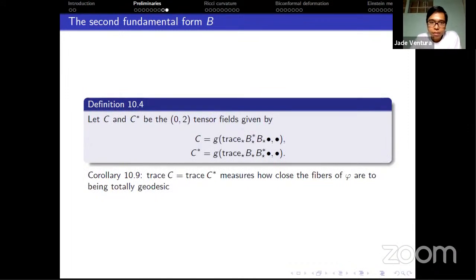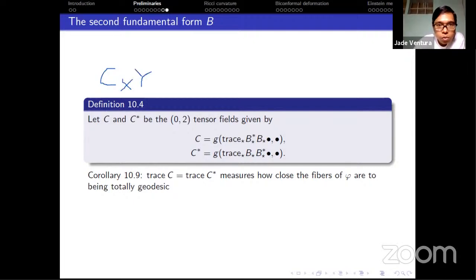So they're defined in terms of traces. So explicitly, let me show you how they operate. So C has two inputs, two vector inputs, so X and Y.